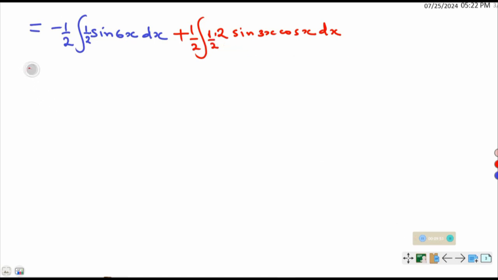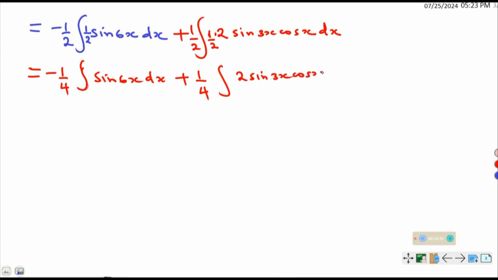And from there, we can easily say now this is negative a quarter integral of sine of 6x dx. Then plus this would also be a quarter integral of 2 sine of 3x cos of x dx. So from here we can easily integrate this.